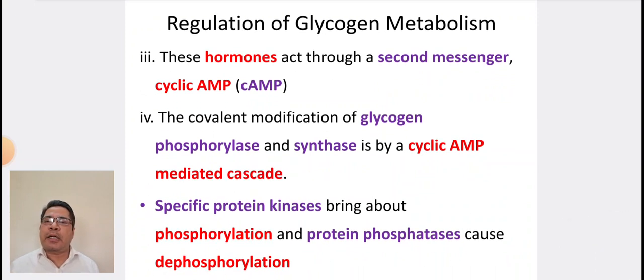These hormones act through the second messenger cyclic AMP. The covalent modification of glycogen phosphorylase and synthase is by a cyclic AMP mediated cascade. Specific protein kinases bring about phosphorylation and protein phosphatases cause dephosphorylation.